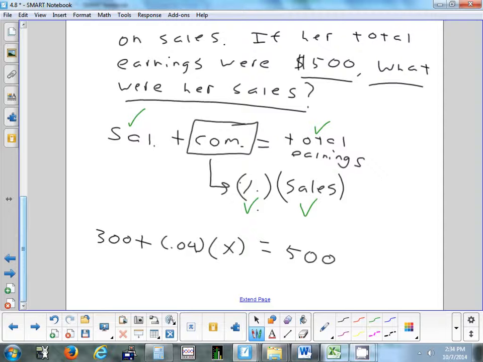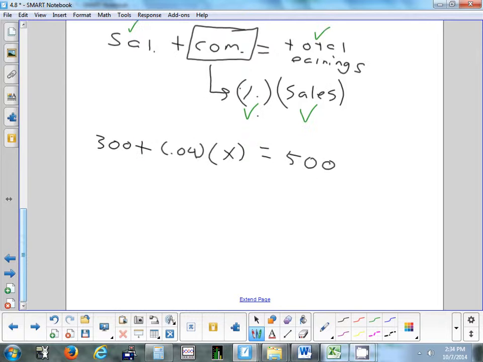So you're not translating anything from numbers into words or words into numbers. You're just plugging in one thing at a time into that formula. What's 0.04 times x? How do we write that? 0.04x. What's my next step? Subtract 300. What's 500 minus 300? 200.